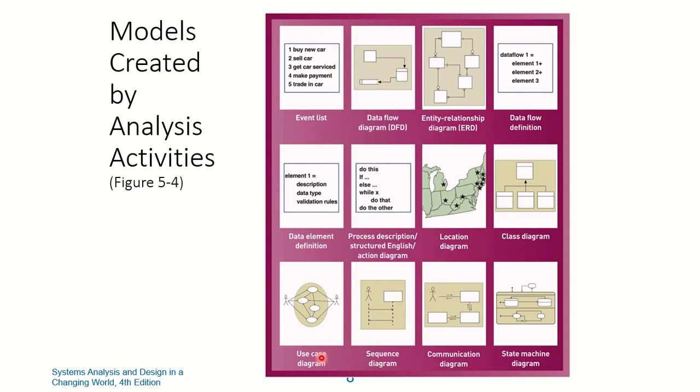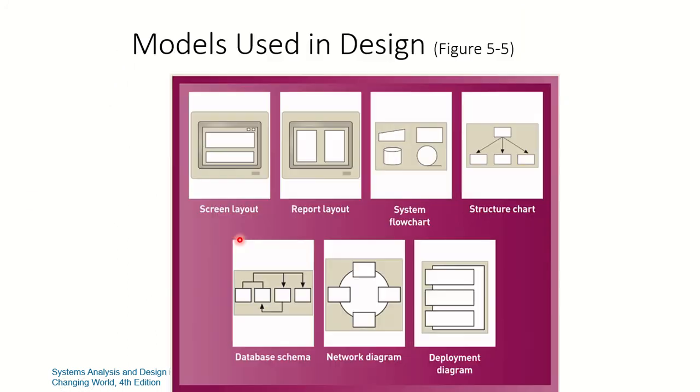We have the traditional modeling and we also have the object-oriented modeling. So kaning makita ninyo sa taas are examples of traditional modeling, and then kaning nasa baba are examples of object-oriented modeling.